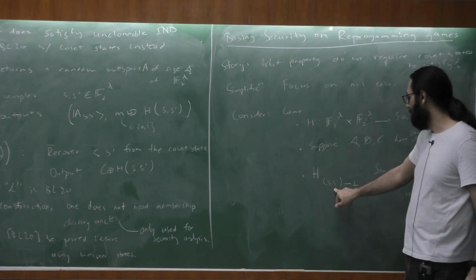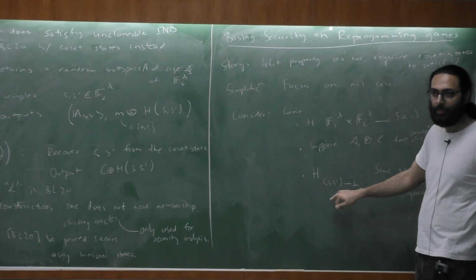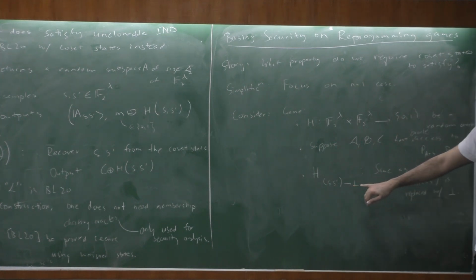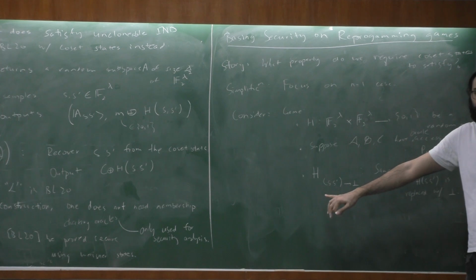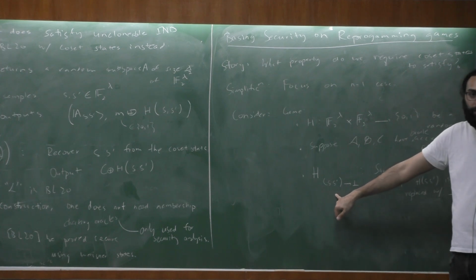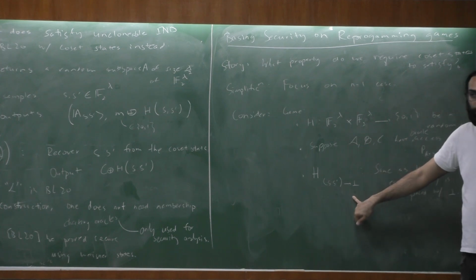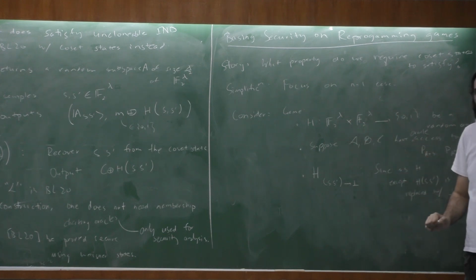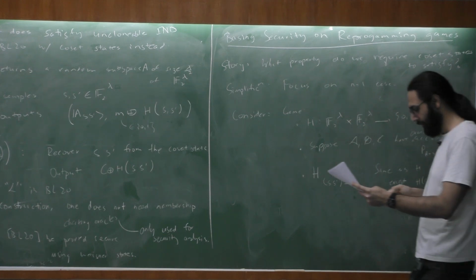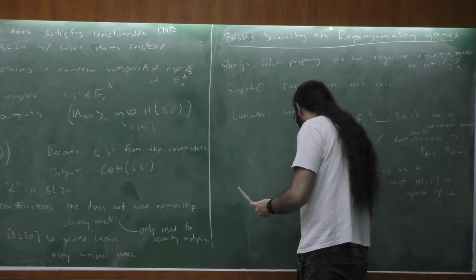It's saying that this is a new oracle derived from the original random oracle, and the only difference is that at input SS', this new oracle is going to output ⊥ instead of whatever value the original oracle had.